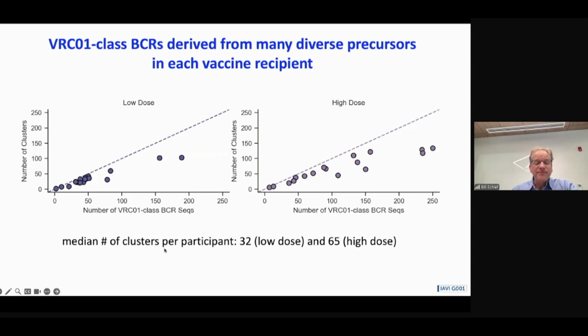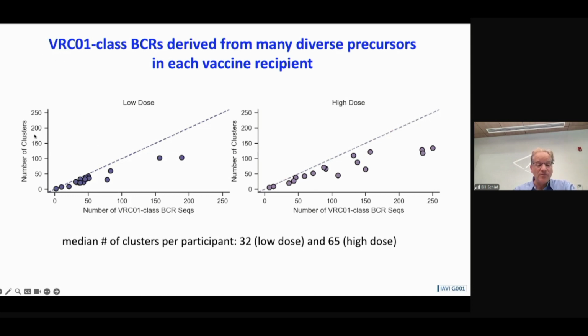In this slide, I'm showing you that VRC01 class BCRs that were detected post-vaccination derived from many diverse precursors in each vaccine recipient. We took the sequences of VRC01 class B cells, and Jordan performed hierarchical clustering of those to understand which sequences were related to each other and which were distinct, which were derived from unique precursors and which were derived from the same precursor.